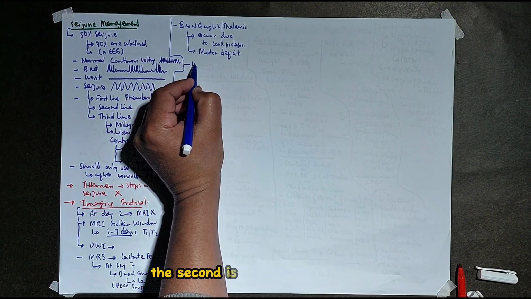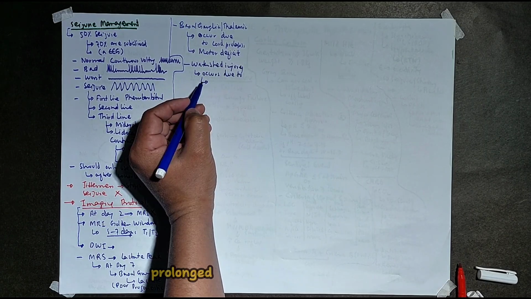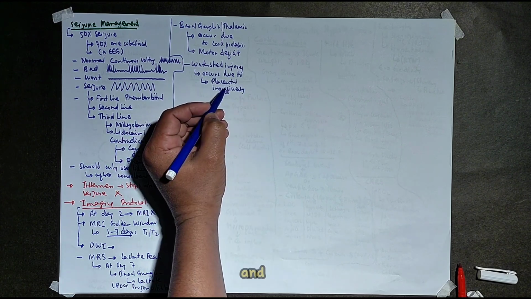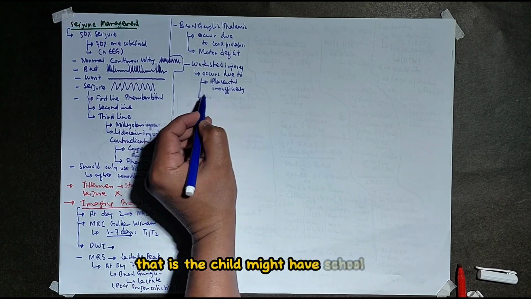The second is watershed injury. It occurs due to prolonged partial events, that is placental insufficiency, and it results in cognitive deficit, that is the child might have school problems.